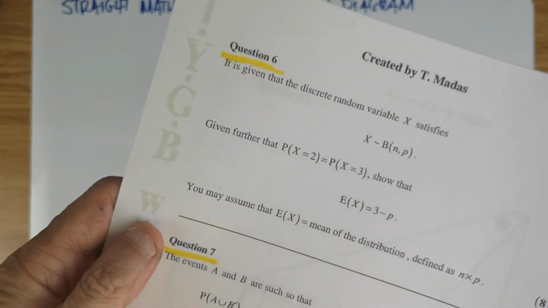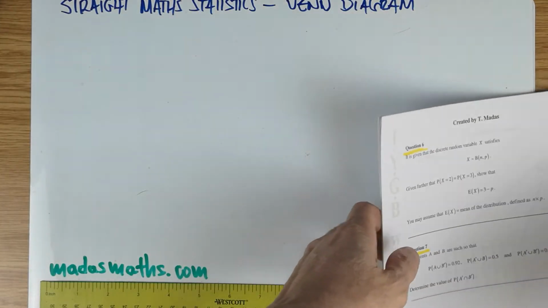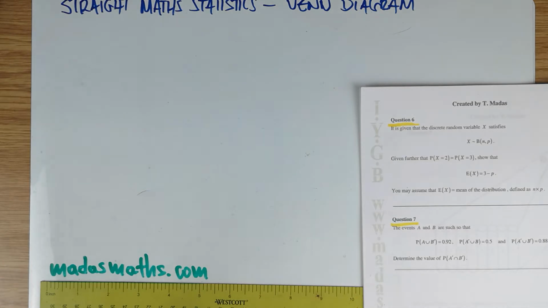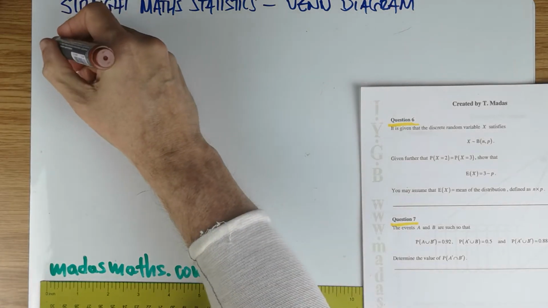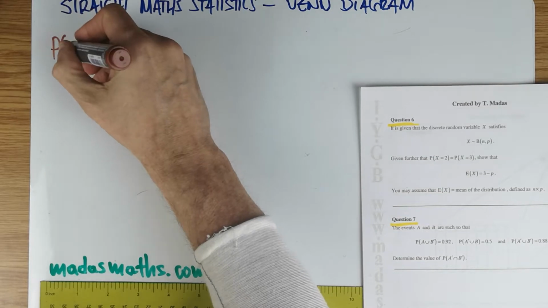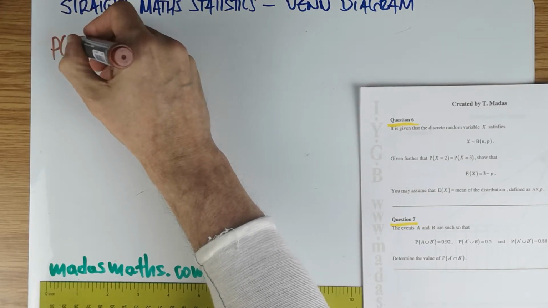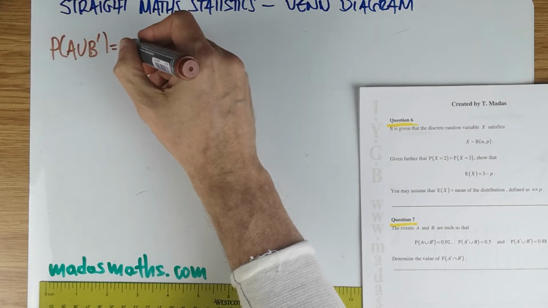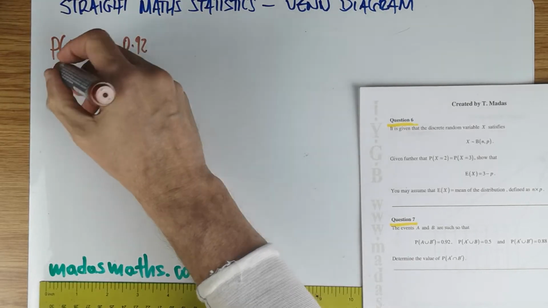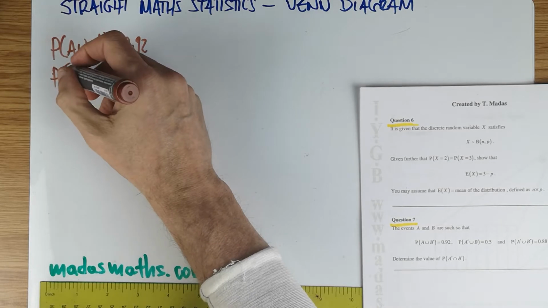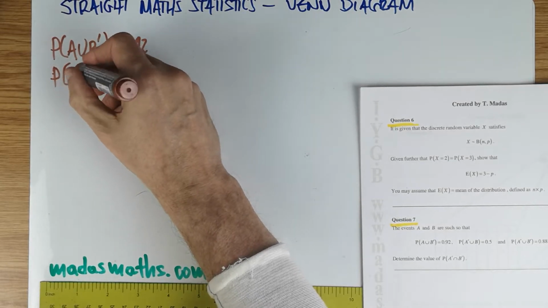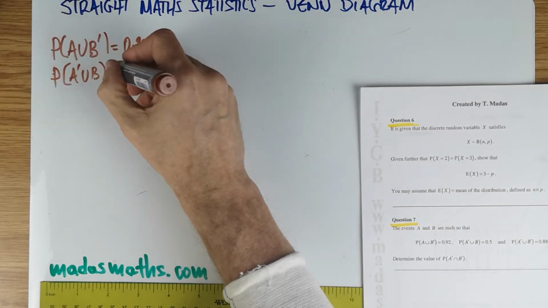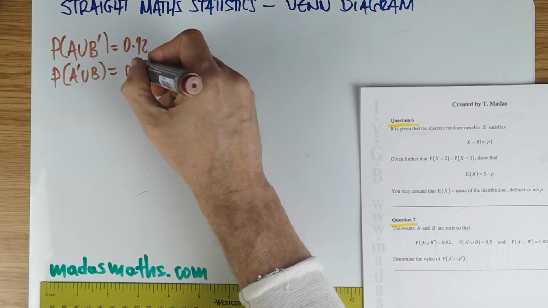So all I'm going to do is record down what bits of information we are being given here. We're being given that the probability of A or not B is 0.92. The probability of not A or B is 0.5.